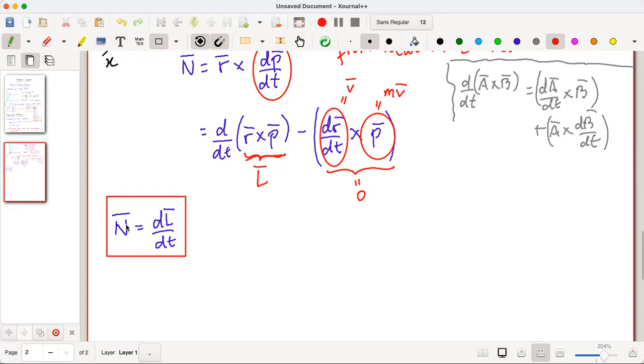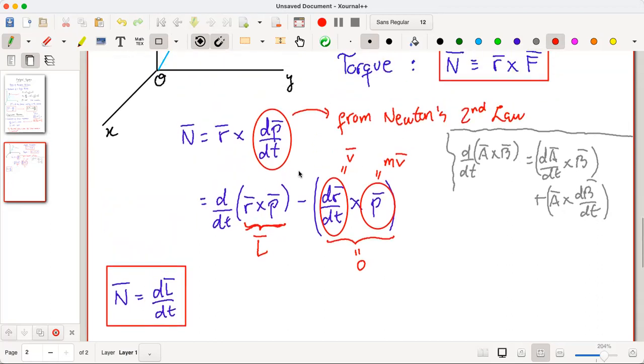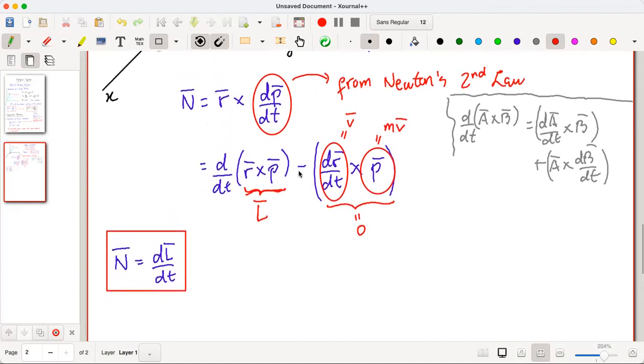So now we have that torque is equal to the rate of change of angular momentum per unit time. From this relation, we can directly derive the conservation of angular momentum.